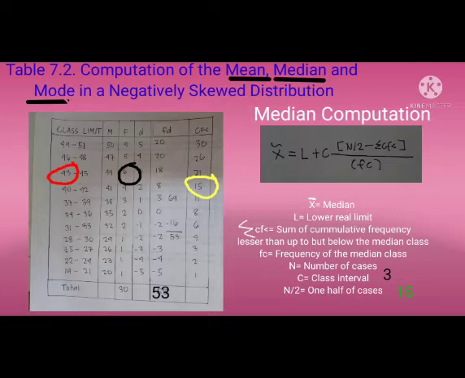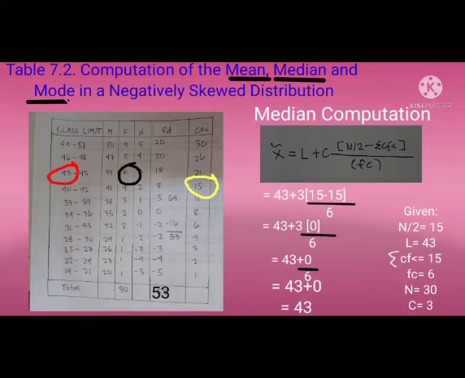Okay, so we will compute this. 43 plus 3 times 15 minus 15 over 6 is equal to 43 plus 3 times 0 over 6, which is equal to 43 plus 0 over 6, which is equal to 43 plus 0, which is equal to 43.